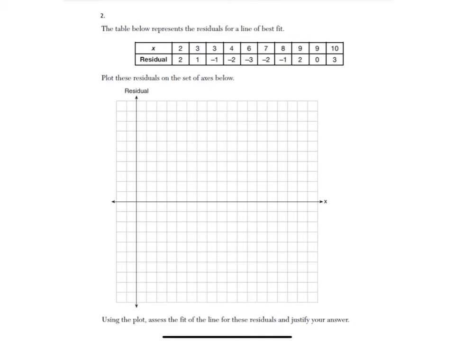So in this question, there's a table right here, and then we are supposed to plot the residuals. We just have to mark these plots as we go along.